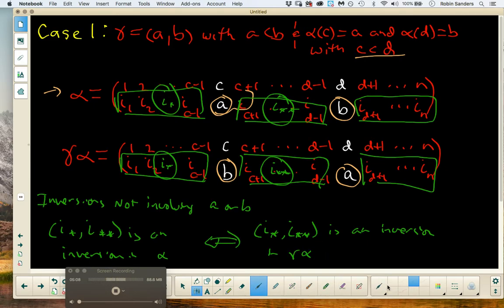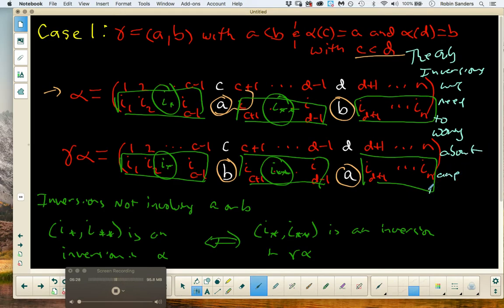Now what this means is that the only inversions we need to worry about are those that involve A or B. So let's look at that.